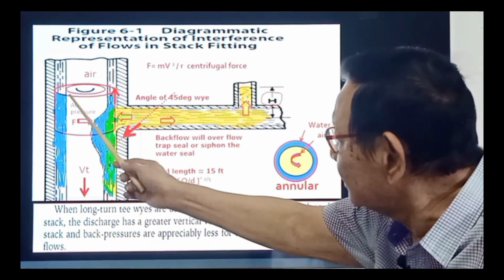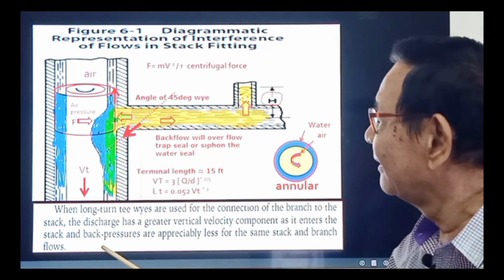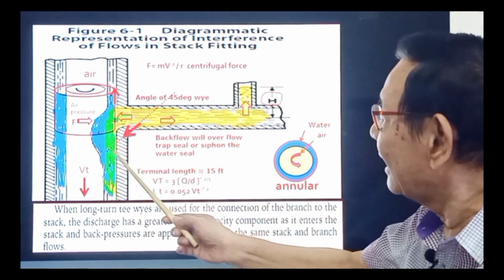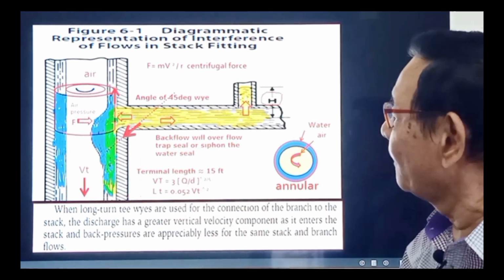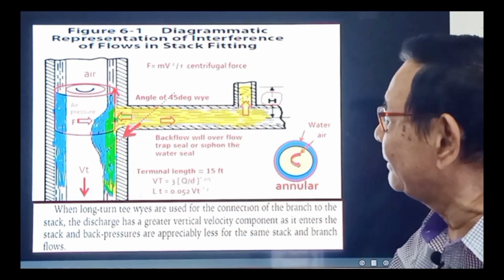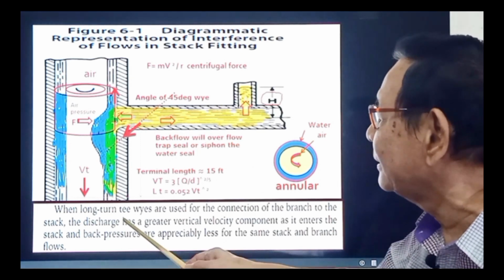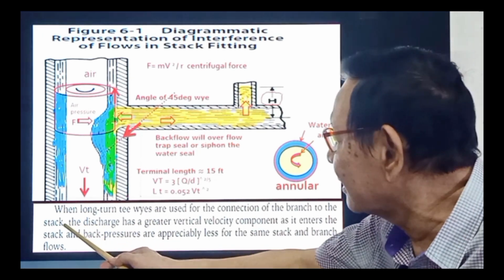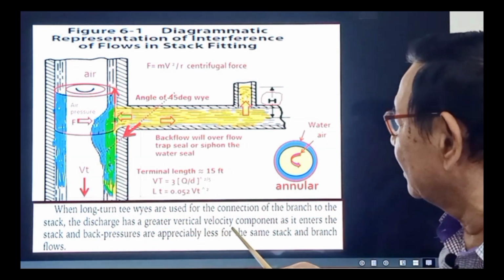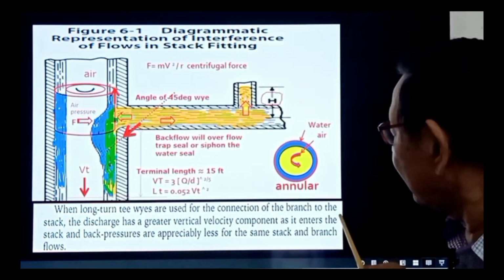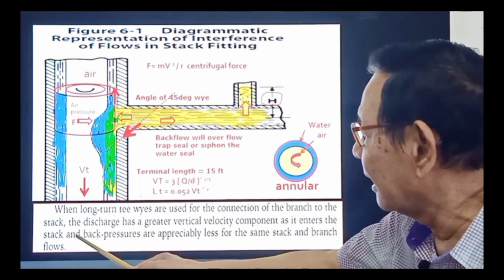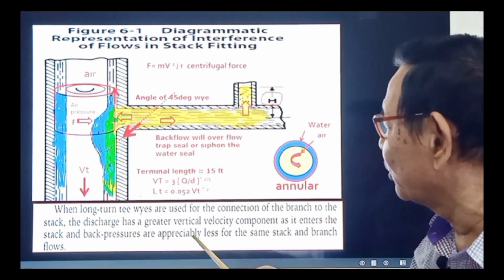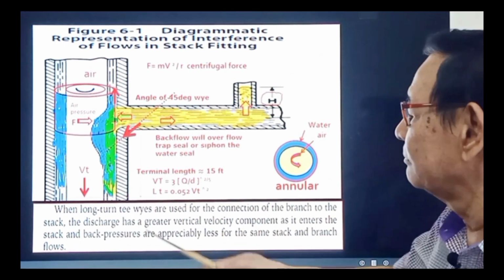Kasi umiikot ito. Kaya kailangan, hindi ganitong sanitary T ang gamitin mo, kundi yung long-turn T's or Y are used for the connection of the branch to the stack. The discharge has a greater vertical ballistic component as it enters the stack, and back pressure is alleviated for the same stack and branch flows.